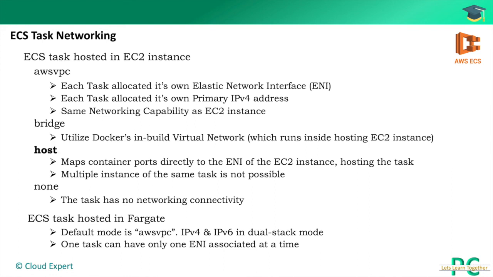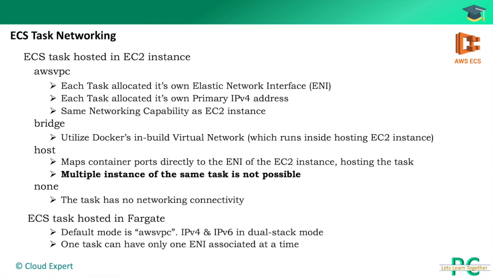The third option is host. Under this mode, the task bypasses Docker's built-in virtual network and maps the container port directly to the ENI of the Amazon EC2 instance hosting the task.